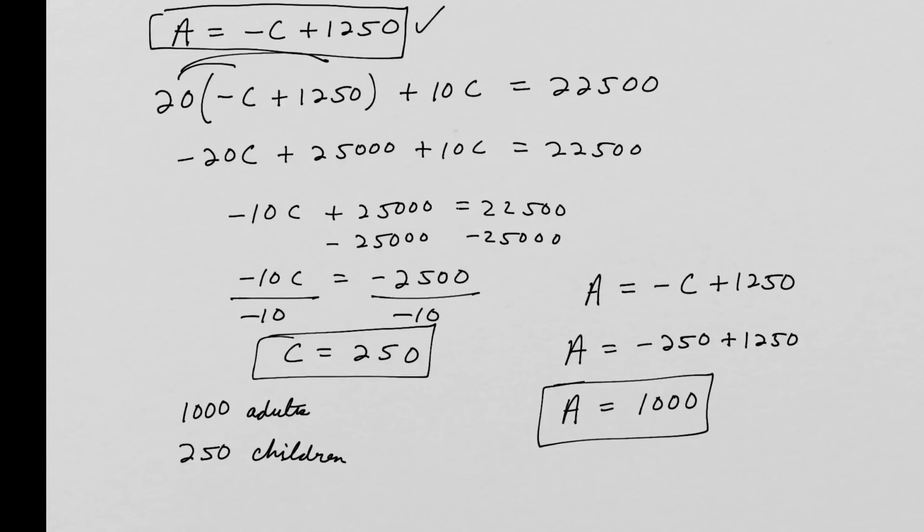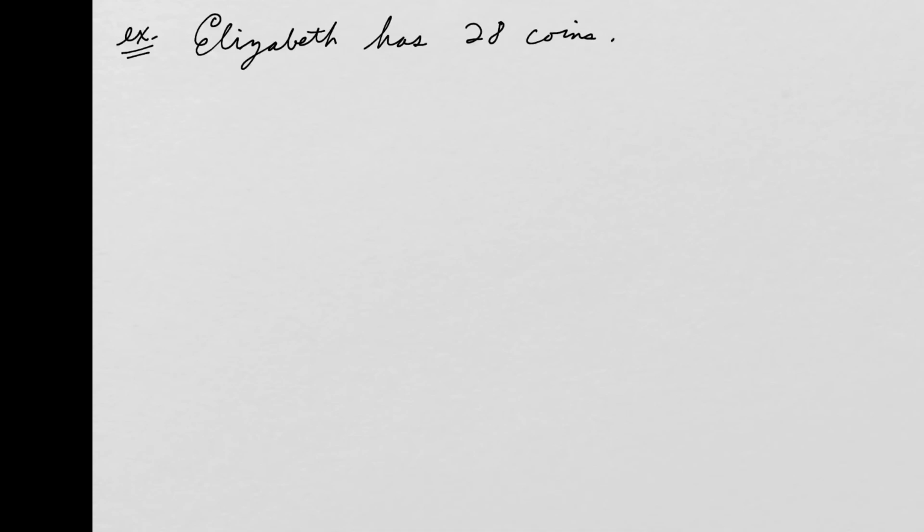Okay, here's another one. Let's say you're told that Elizabeth has 28 coins. They are quarters and dimes.